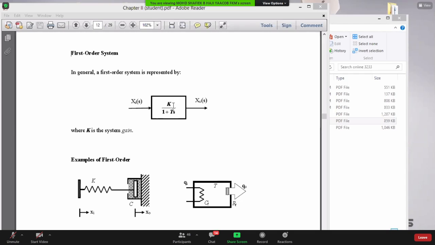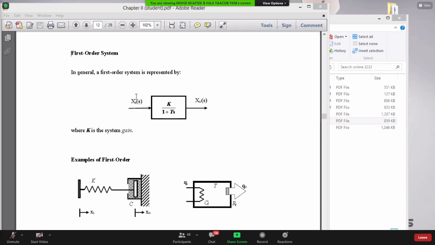So this is the simplest form of a system that you can have. So what is the solution? What is the output when the system is subjected to an input? Of course, the output is going to depend on the input. A different input is going to produce a different output. So in this case, we are just going to look at the step input.